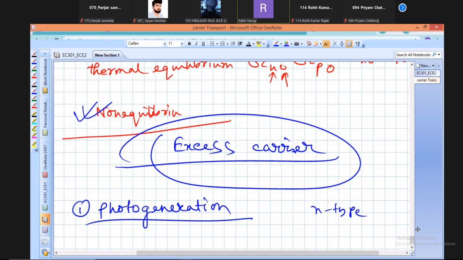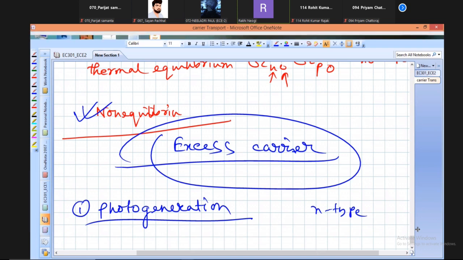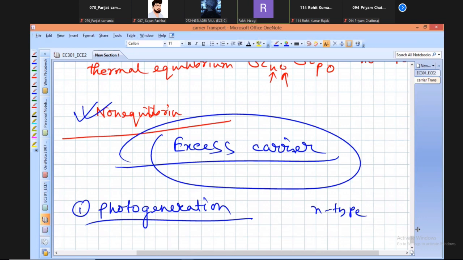So previously, in the entire semiconductor, majority electrons are present, but due to the light excitation, more electrons are created, due to the breaking of covalent bonds by absorbing the energy of the radiation.